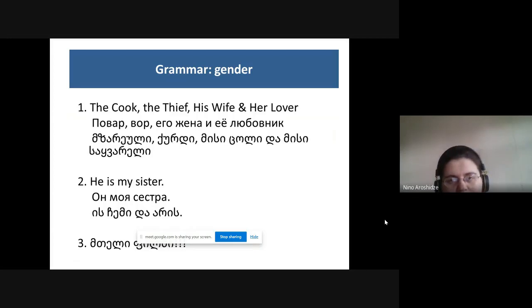So the movie was based on a true story. It was about a young man who thought that he was a woman. He dressed up as a woman, he thought of himself as a woman, he behaved as a woman. He actually started dating a guy because he thought he was a woman.